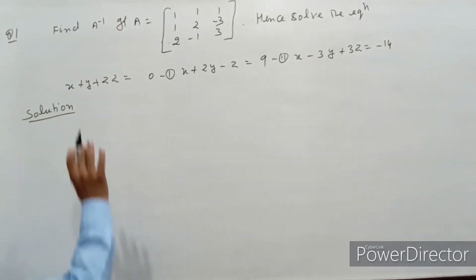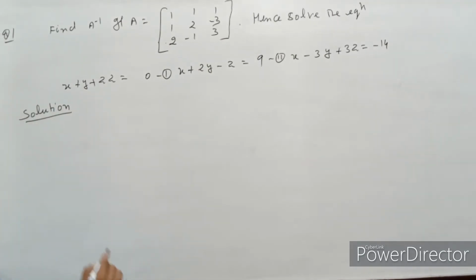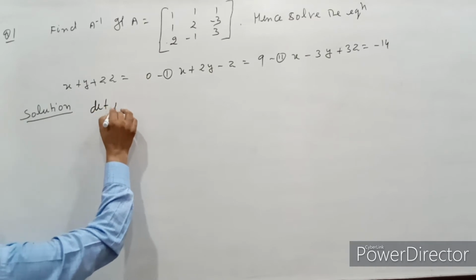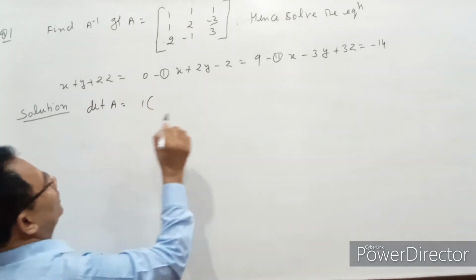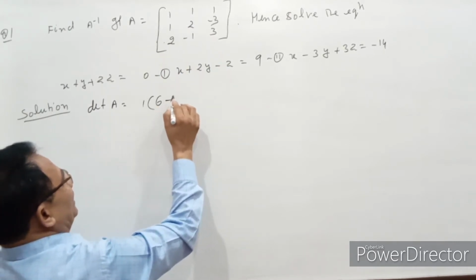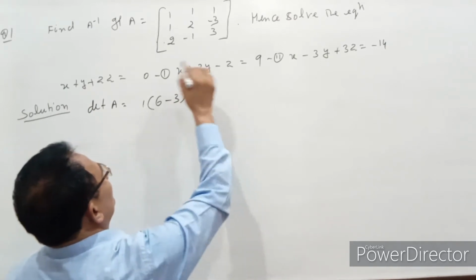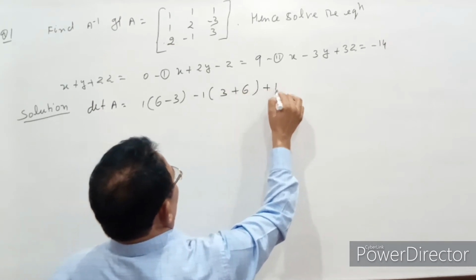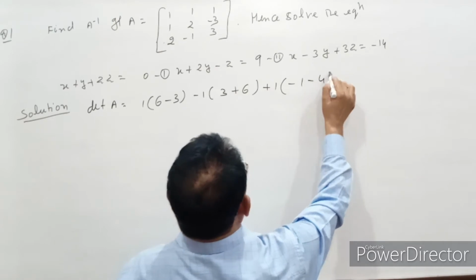First of all, we check whether the inverse of A exists or not by finding the value of determinant A, which is equal to 1 into (3 times 6 minus 3 times minus 1) minus 3 into (3 times 6 plus 6) plus 1 into (minus 1 minus 4).